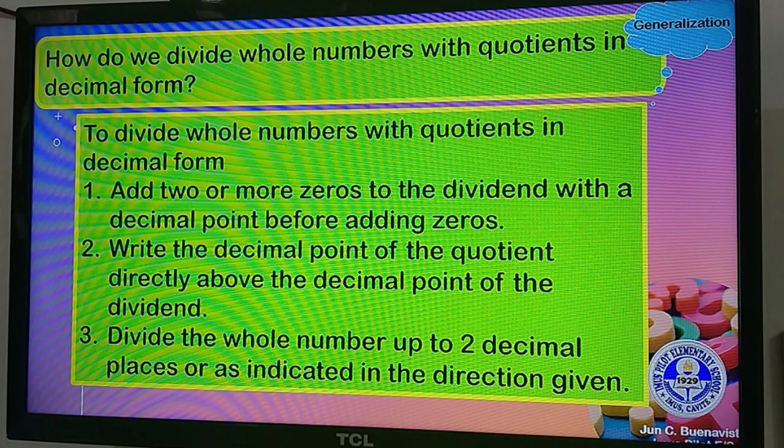Then lastly, divide the whole number up to 2 decimal places or as indicated in the direction given. So kung sinabi ni teacher na 2 decimal places, ibig sabihin mag-add ka ng 2 zeros. Pero pag sinabi ni teacher na 3 decimal places, edi 3 zeros ang idadagdag. Okay? Is that clear? Okay, very good.